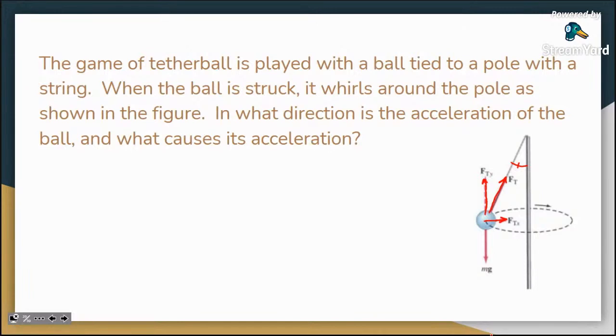What we know about circular motion is that there's always going to be an acceleration towards the center of that circular path. So I've got my centripetal acceleration pointing towards the pole. And if you look at this diagram, you'll notice that the centripetal acceleration is in the same direction as the force of tension in the X.